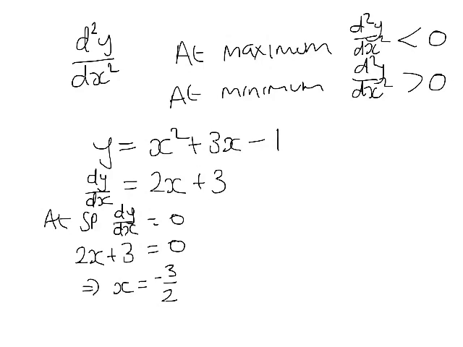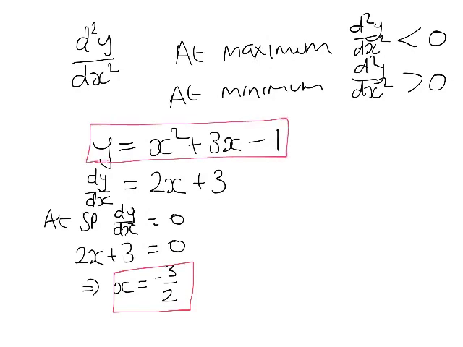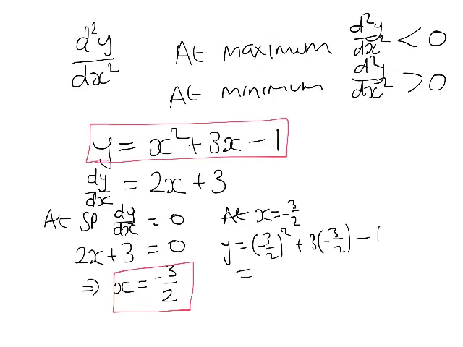To find our y coordinate, we need to substitute minus 3 over 2 into our equation of the curve. So when we do this, we get x equals minus 3 over 2, y equals minus 3 over 2 squared, plus 3 times minus 3 over 2, minus 1. And if you evaluate that, you get y equals minus 13 over 4. So therefore our stationary point is minus 3 over 2, minus 13 over 4.